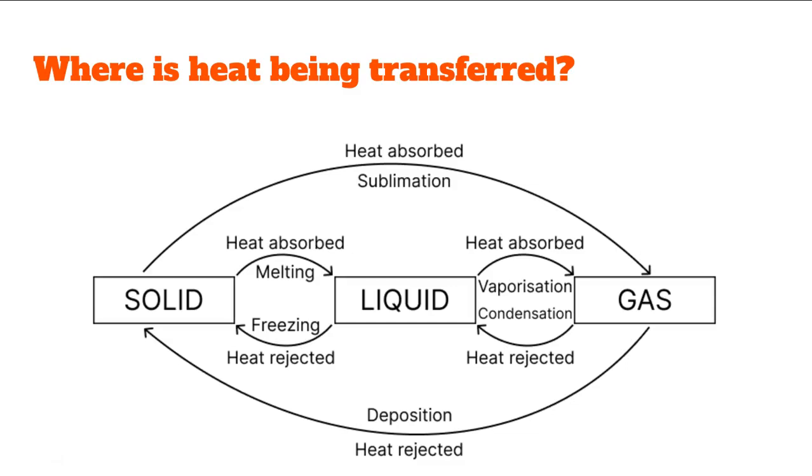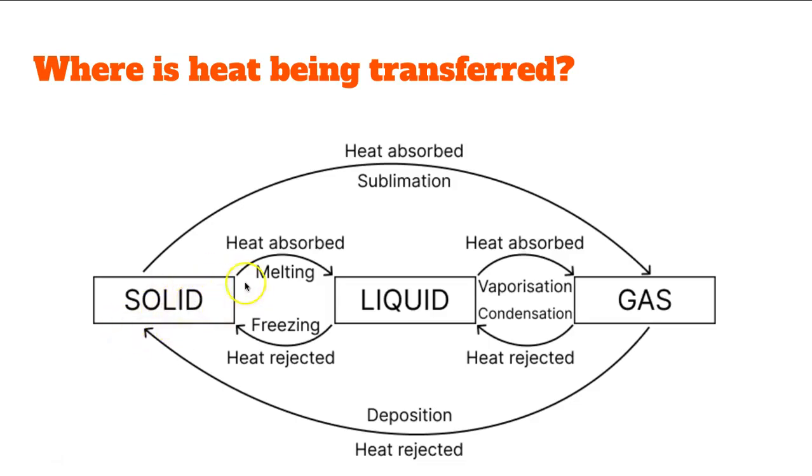This is a summary of the different transition states, what we call a heat transfer diagram. When heat is absorbed, particles move faster and spread out. When heat is released, particles slow down and move closer together. That's what drives changes between solid, liquid, and gas. Let's start with a solid.